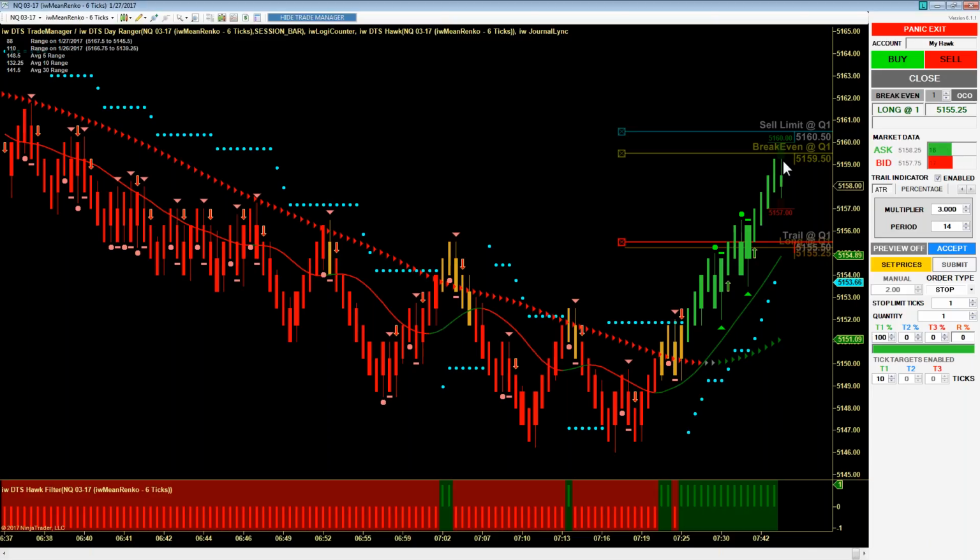So kind of being stubborn now here around the 51.59 area. Slight hesitation. You can see the bar trying to trade a little bit lower.